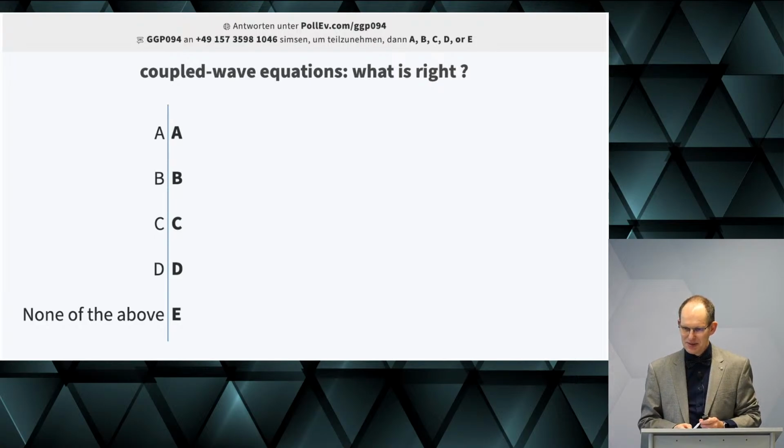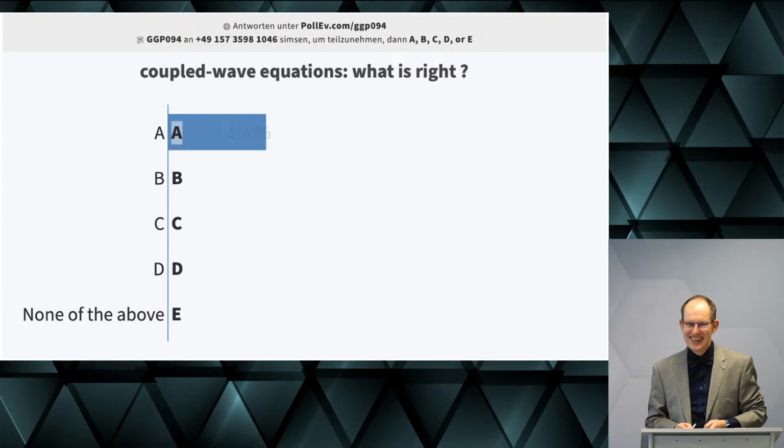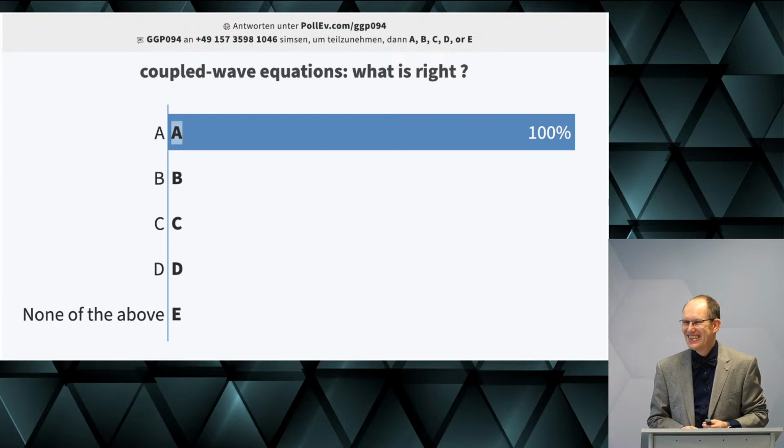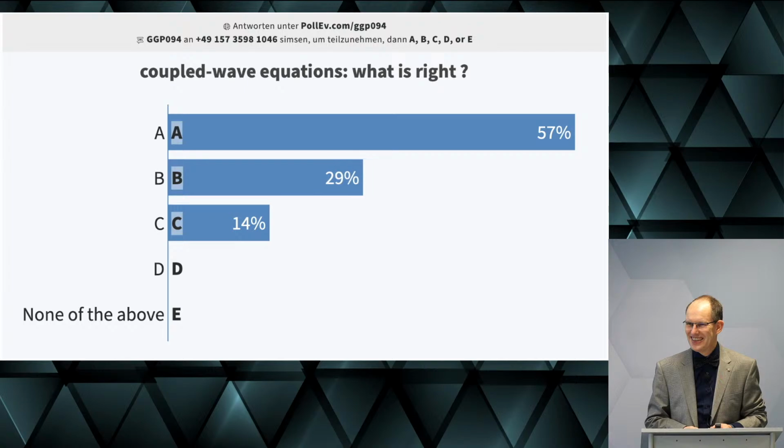Now I forgot which one was the right one, but I can switch back to it. A got one answer. B got another answer. But now B is no longer sure. C also.